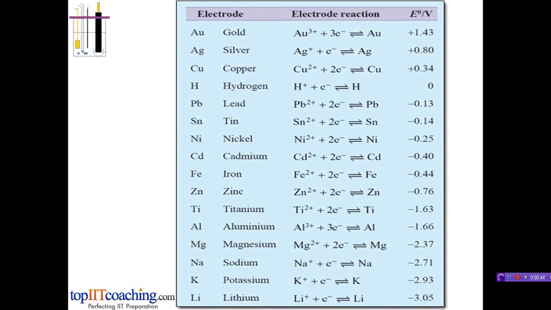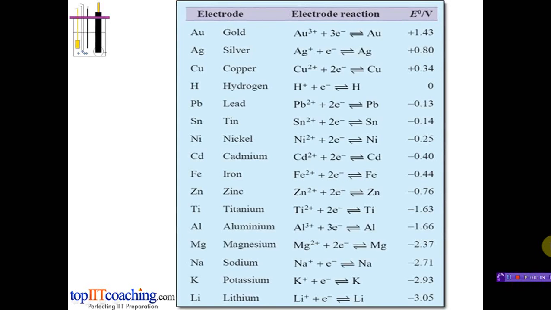This is an electrochemical series in which the species are arranged in order of their standard reduction potential. Lithium, which has the lowest reduction potential, or we can say the highest negative value of reduction potential, is the strongest reducing agent, and fluorine is considered the strongest oxidizing agent.